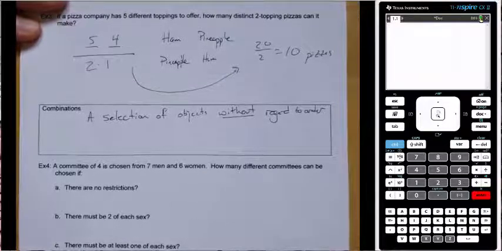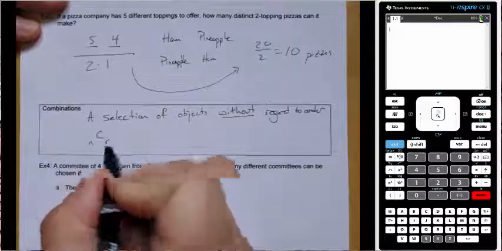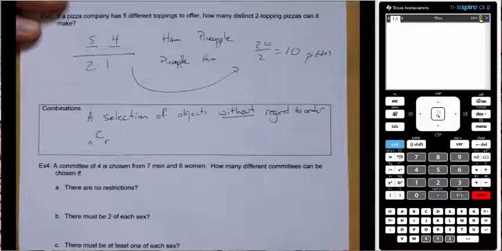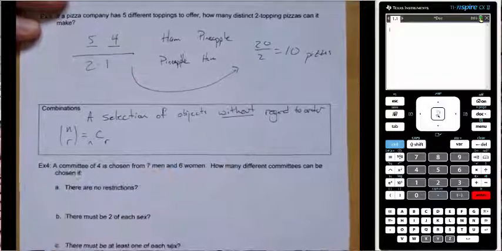You may remember some notation for this in the past. This was the number of combinations, nCr. We saw in the previous notes that this is in fact what's called a binomial coefficient, and the more common notation for this is n choose r.